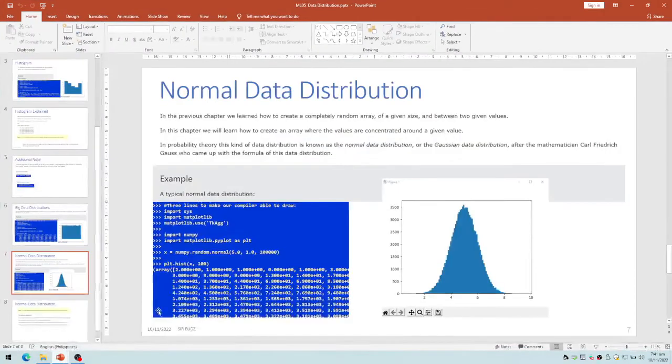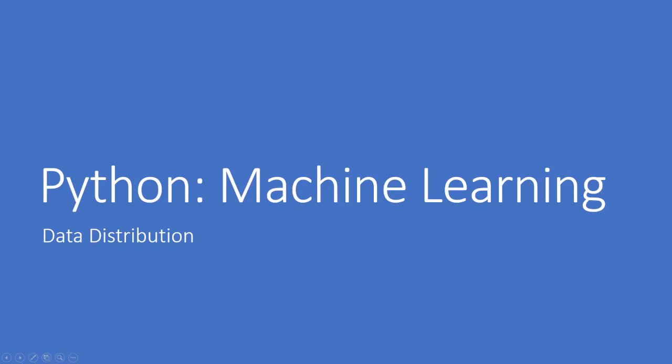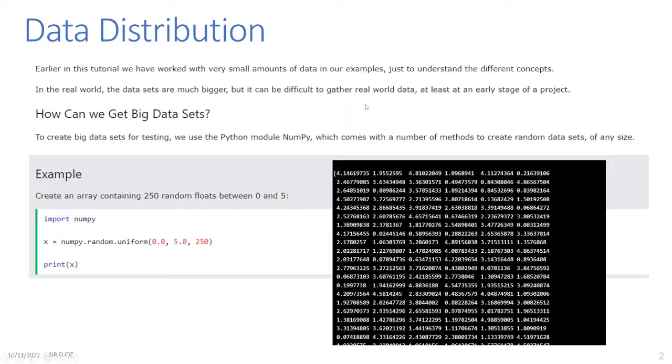And let's now proceed with data distribution. Earlier in our tutorials or video lectures, we have worked with very small amounts of data in our examples, just to understand the different concepts. Again, the data that we've been using are not real-world data.